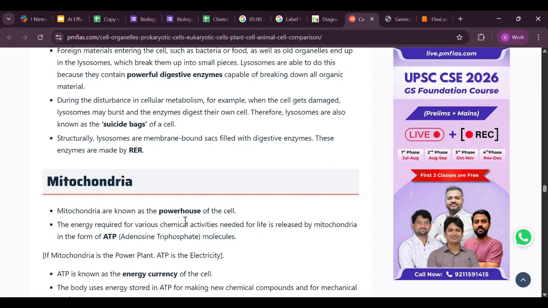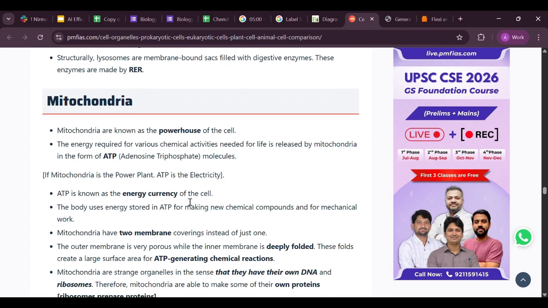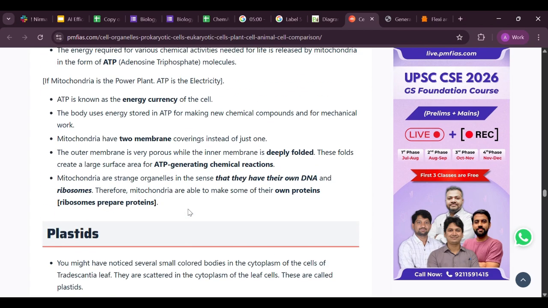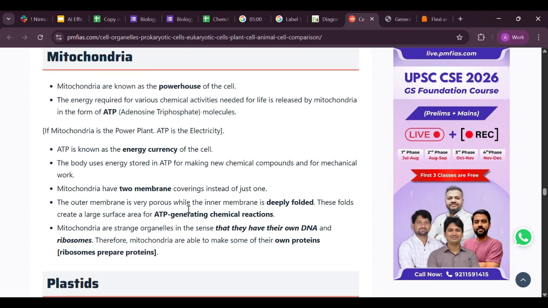Mitochondria. Okay, it is mitochondria. Here it is not written anything.